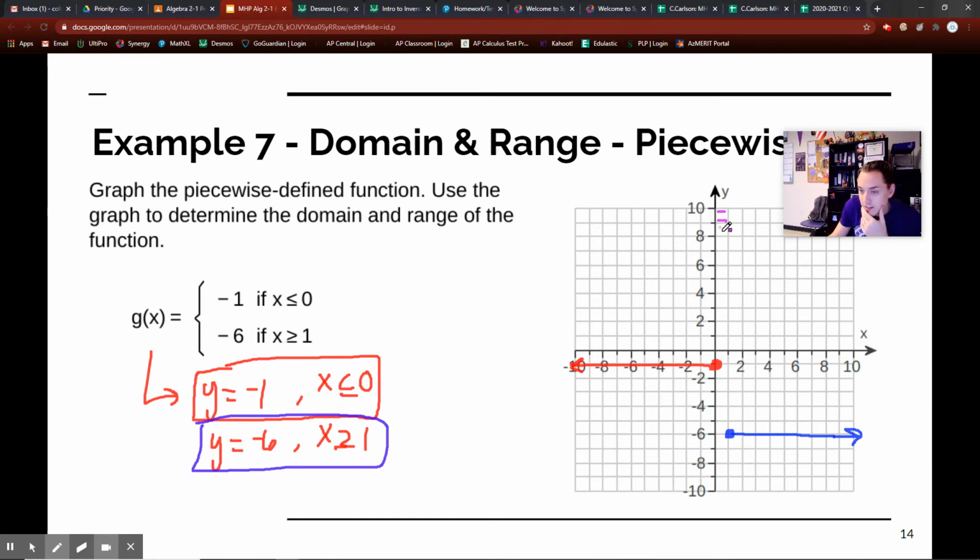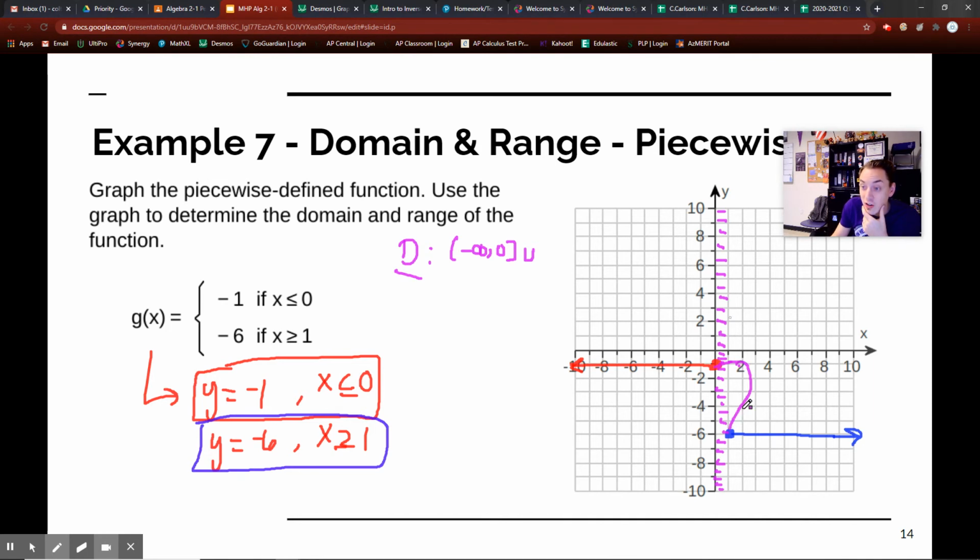There is a section in between here, right? That's not touching, correct? Yes or no? Yeah, there's a section in here that's not touching, which means when I go to do my domain, it is negative infinity to 0 with a bracket, but I have to jump from here to here.